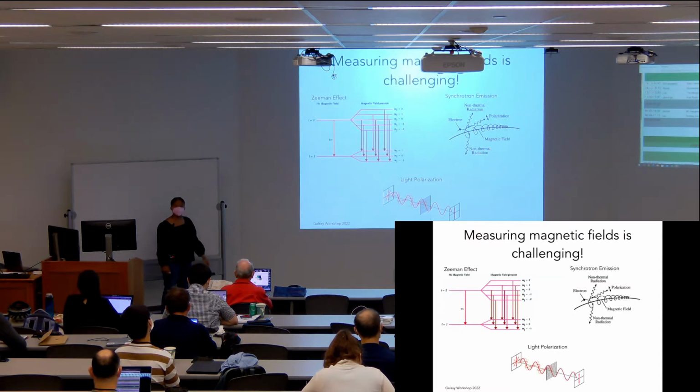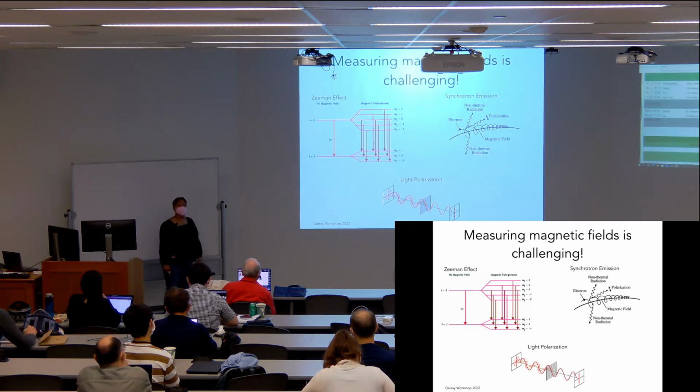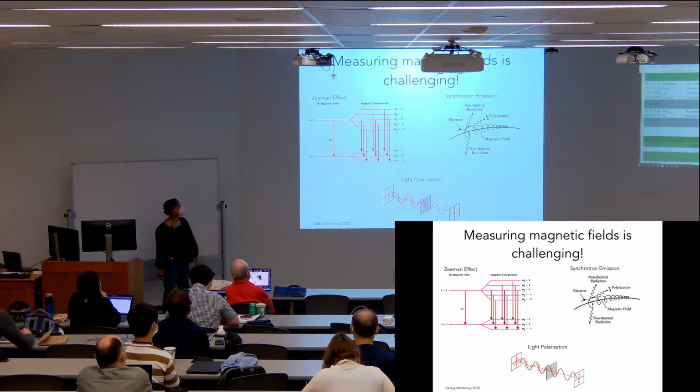Measuring magnetic fields in general is pretty challenging. These are some of the ways that people go about doing that. The Zeeman effect, so looking at splitting in atomic levels and transitions, seeing how that makes itself known in spectra of galaxies or various locations in the galaxies.